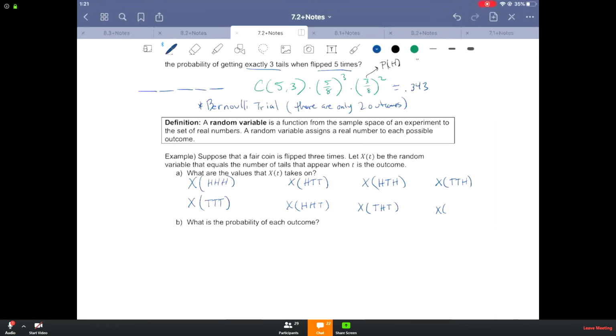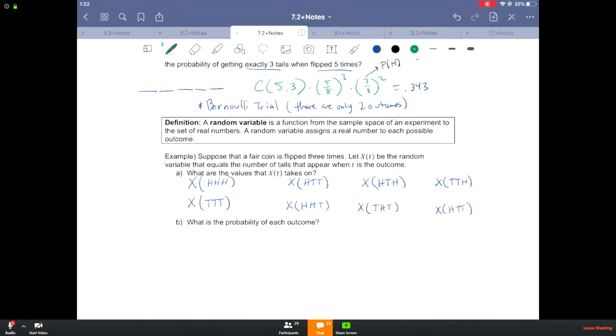What am I missing? Heads, tails, tails. All right, and that should be it. I think I got all, no repeats.